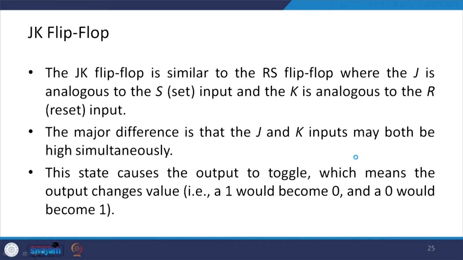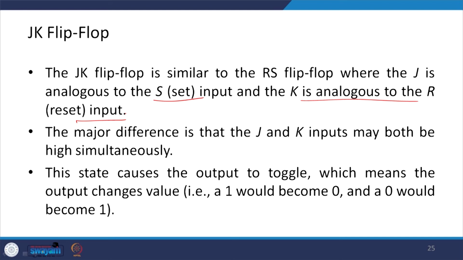Next, let us look at the JK flip flop. The JK flip flop is very similar to the RS flip flop which we have seen, where J is analogous to the set input and K is analogous to the reset input. The major difference is that the J and K inputs may both be high simultaneously.